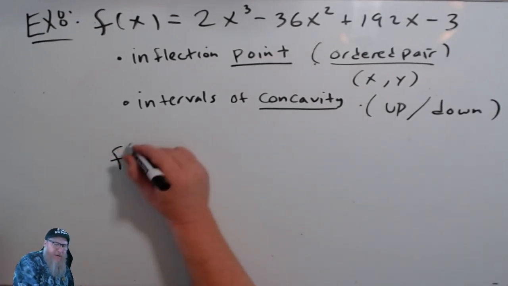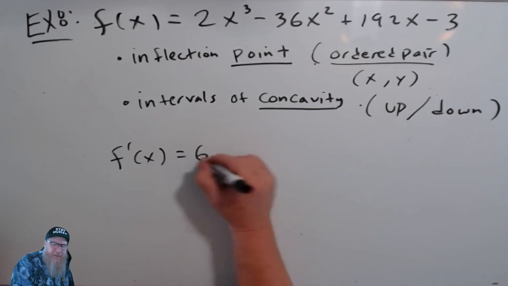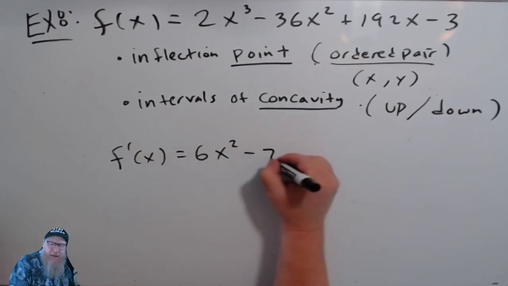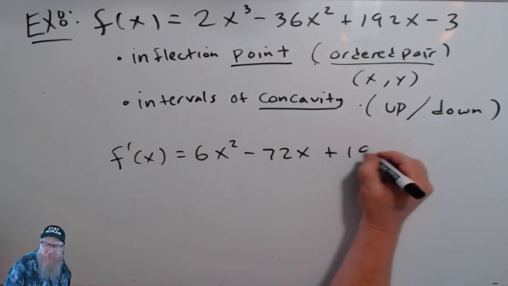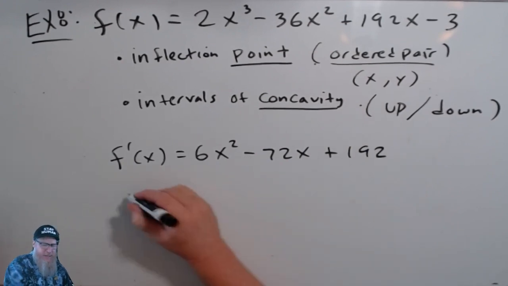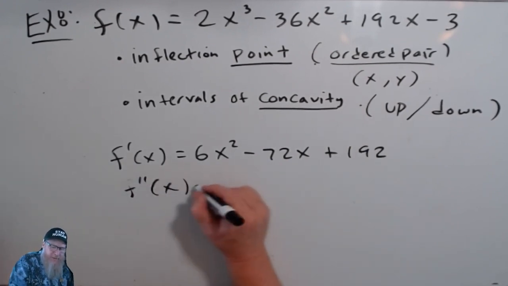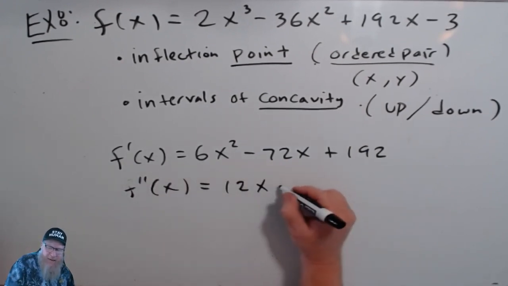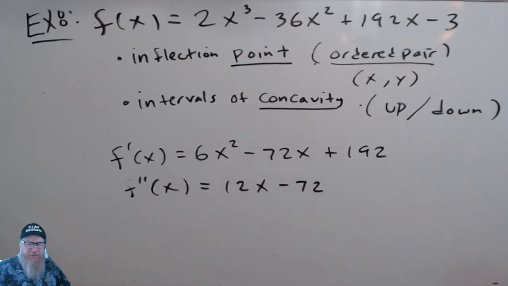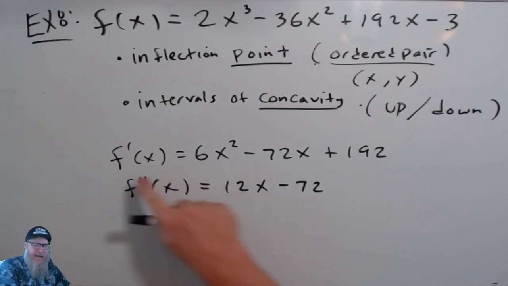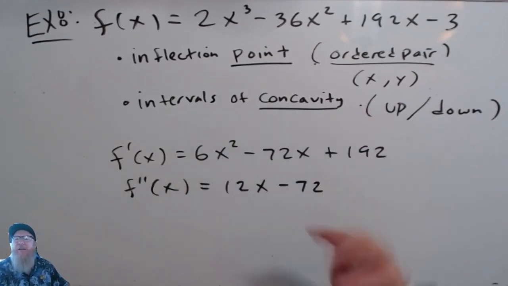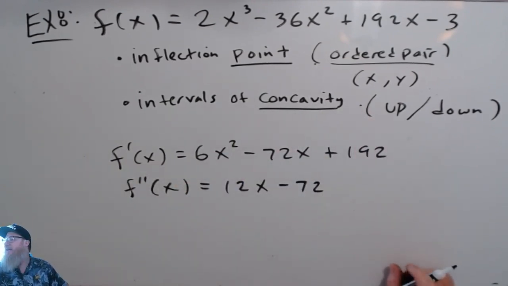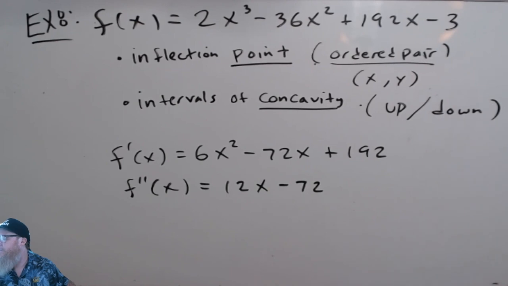All right, let's get right into it then. The derivative is 6x squared minus 72x plus 192. The second derivative is 12x minus 72. I don't need the first derivative test because I'm not asking for increasing and decreasing yet. I'm only asking for concavity and such.